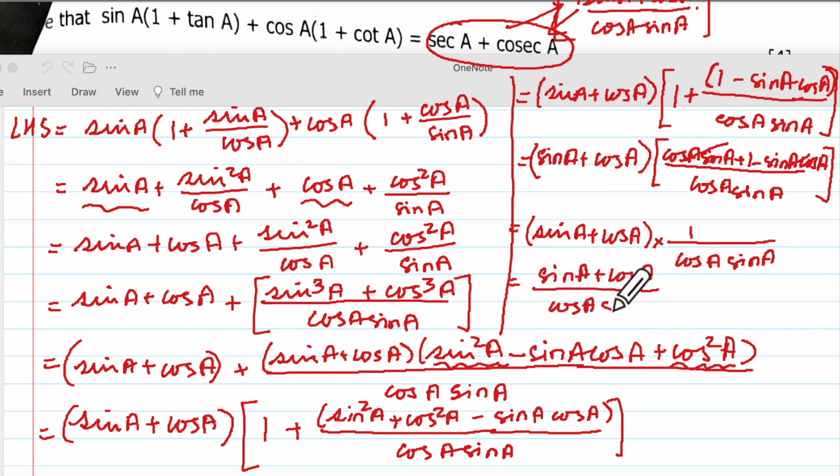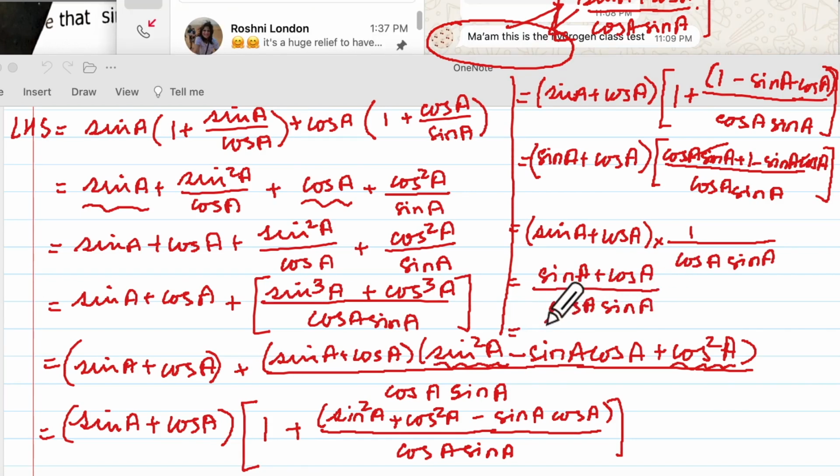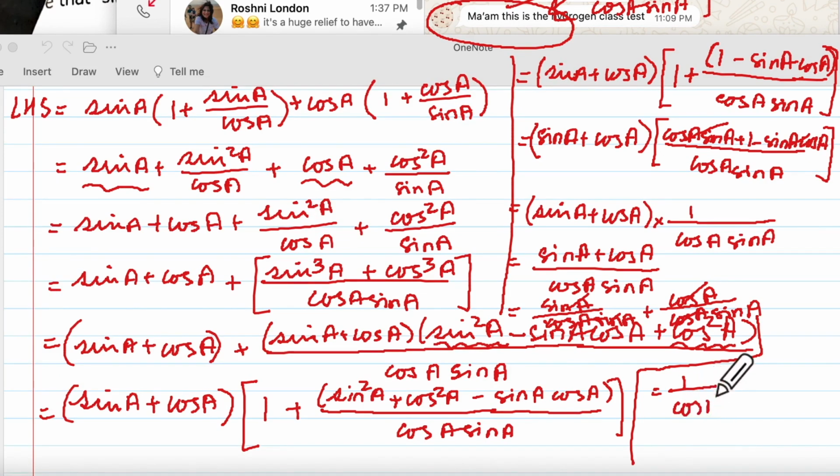Cos A sin A. Now you split it as sin A upon cos A sin A plus cos A upon cos A sin A. And then you show the cancellation here, and that will give us 1 upon cos A plus 1 upon sin A, which is equal to sec A plus cosec A, equal to RHS, and hence proved.